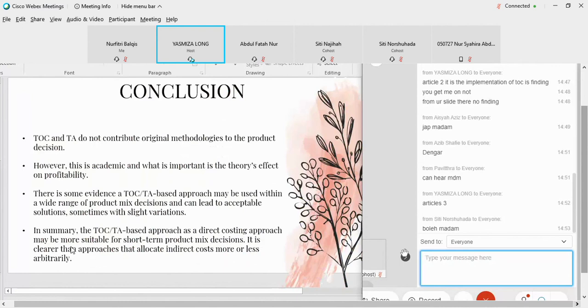Sebab dia kata ni maybe more suitable to the short term product mix decision. Daripada artikel mana ni? Dia kata direct costing approach ni suitable for the short term product mix decision. This one is from article ataupun from you all ni?